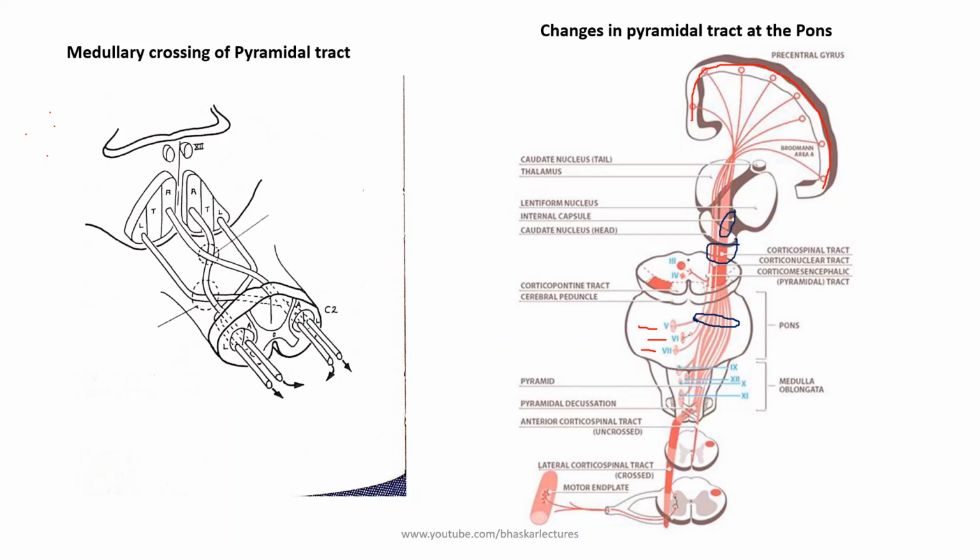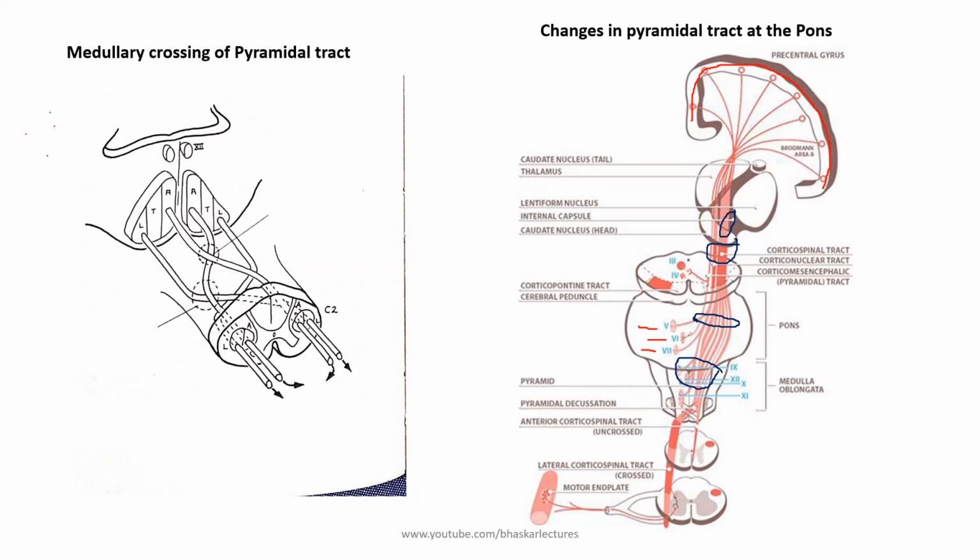This is very wide. So why is it occurring? That is because the pons has what are called cruciate fibers. Those cruciate fibers will fragment the pyramidal tract in the pons. But you can see that once it comes out of the pons, it again becomes smaller.